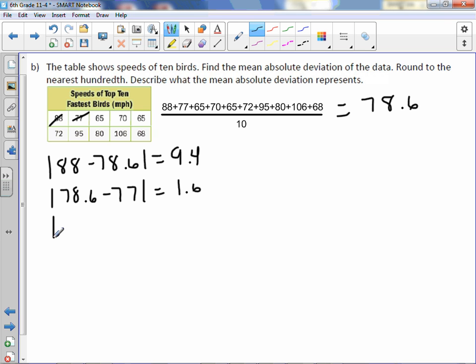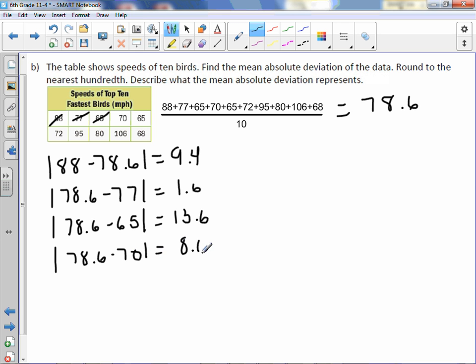Next value is 65, which again is smaller than the mean, so 78.6 minus 65, and the absolute value of that gives us 13.6. 70 is smaller, so 78.6 minus 70, and take the absolute value of it, and we get 8.6. 65 is smaller, so 78.6 minus 65, take the absolute value, and we get 13.6 again.